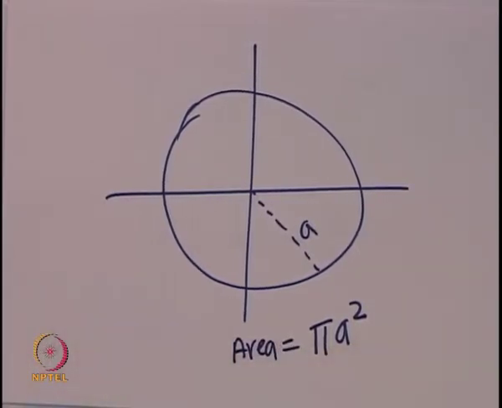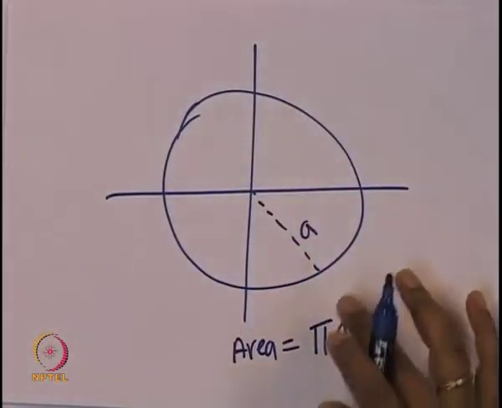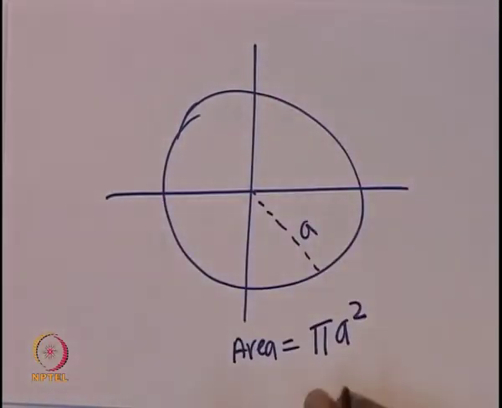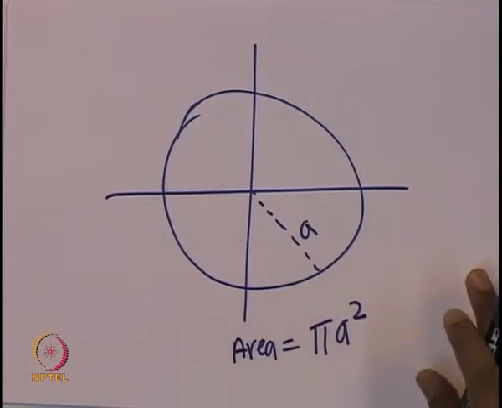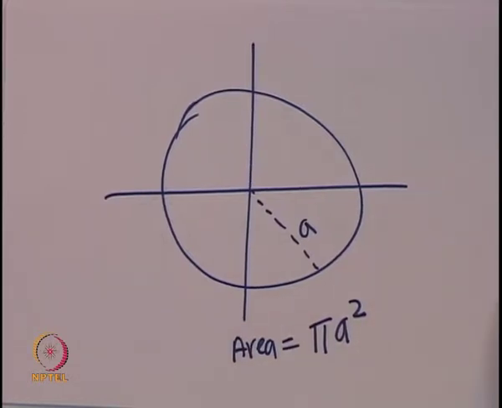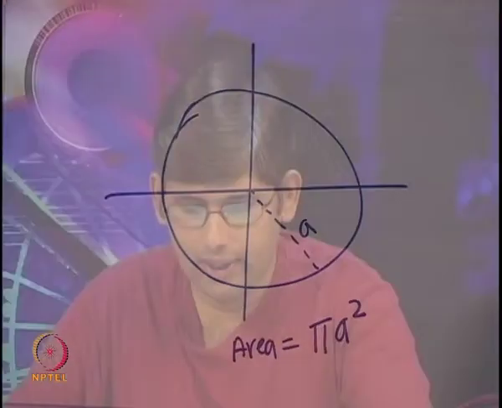Now, let us check that by doing an integral. Do we get the same thing, or do we get something different? So, what is the equation of a circle? The equation of a circle is x square plus y square is equal to the radius square.